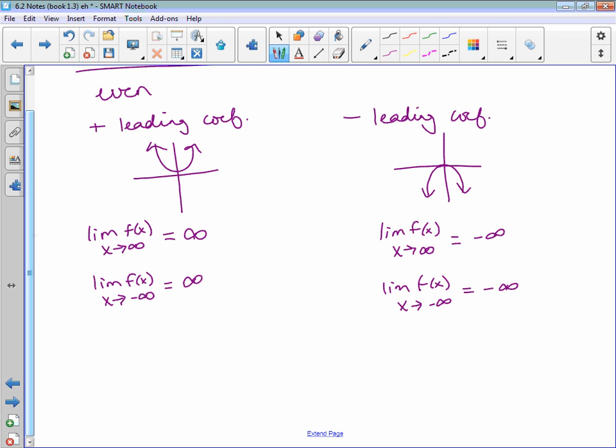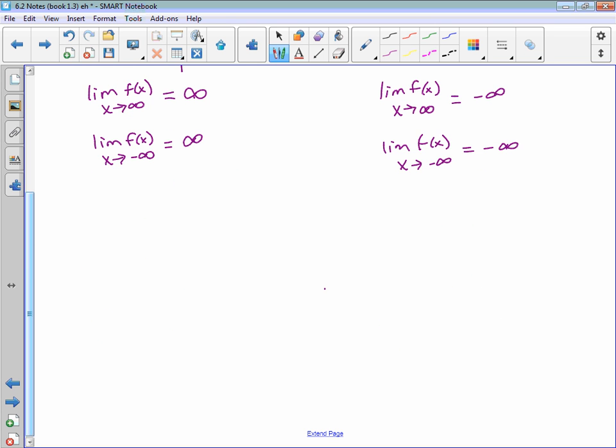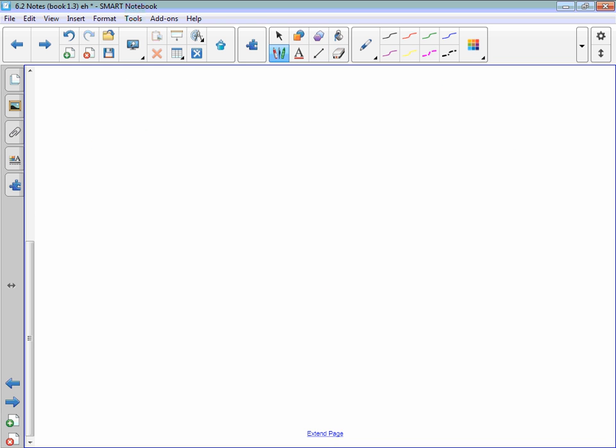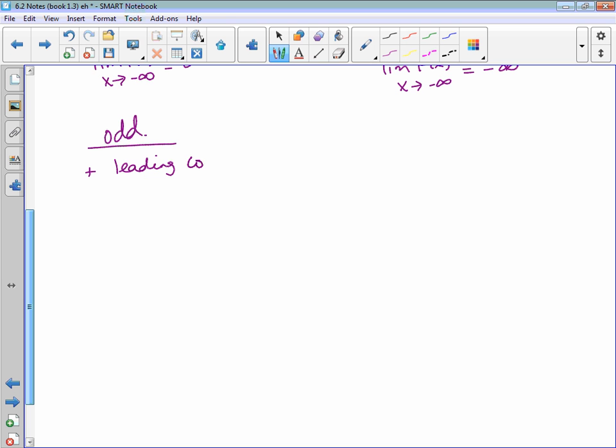Okay. The other option, you can have an odd function, like an odd degree function. We have a positive leading coefficient. The graph you should be thinking of, you can even think of just a line or x cubed.